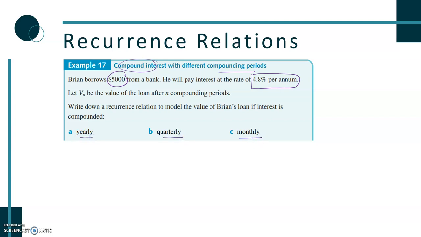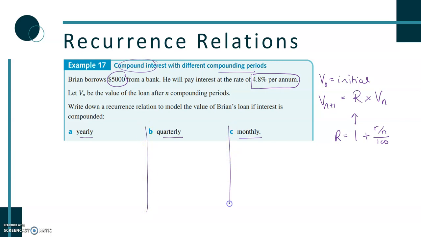Again, each time we're working with our recurrence relation of Vn plus 1 is R times Vn, remembering R in this case is 1 plus our interest rate over the compounding periods over 100. So our first step each time is to identify that capital R value so that then we can put it into the rule.